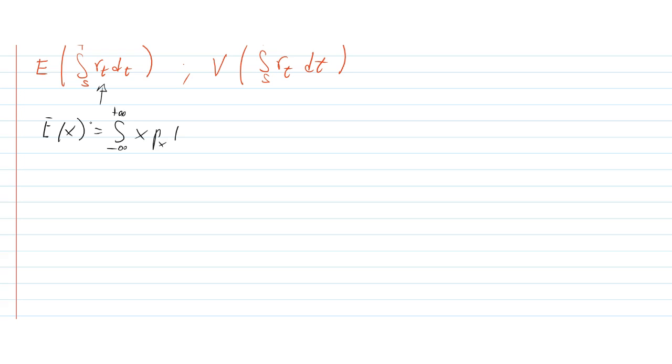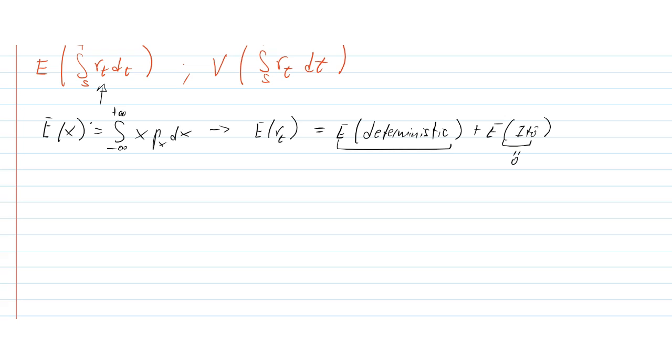This is one that you can use. What I would recommend is this one. Expectation is, of course, a linear operator, so you can decompose the expectation of r_T into the expectation of some deterministic part, as we did before, and then the expectation of the Itô integral, which will be 0. So we just need to solve for this.